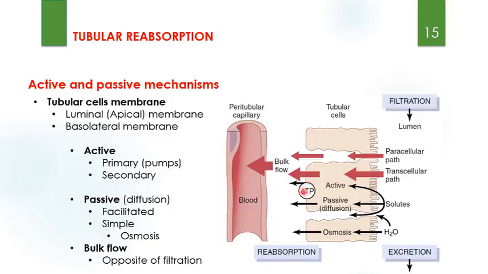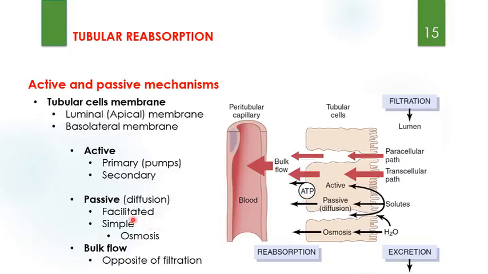For example, the primary mechanism includes the activity of the sodium potassium pump in the basolateral membrane, which directly by consumption of ATP transports substances against their concentration gradient. Secondary active transport, for example, uses the gradient of sodium, a high concentration of sodium that wants to enter the cell, and this carries another substance with it.